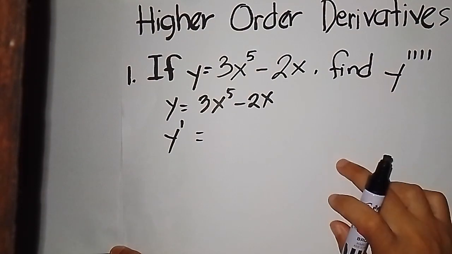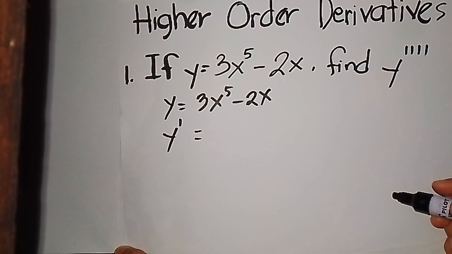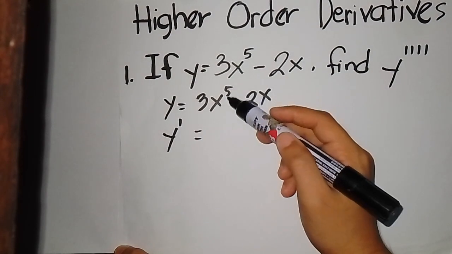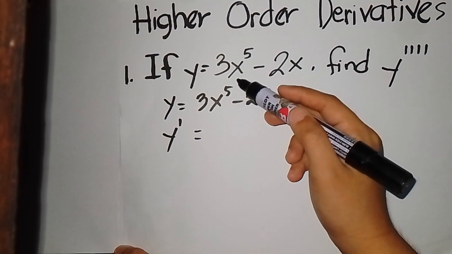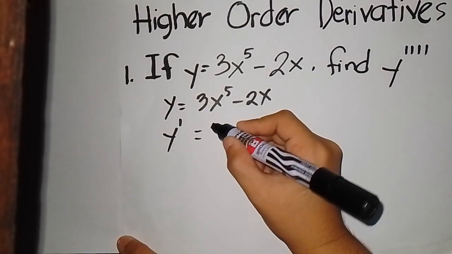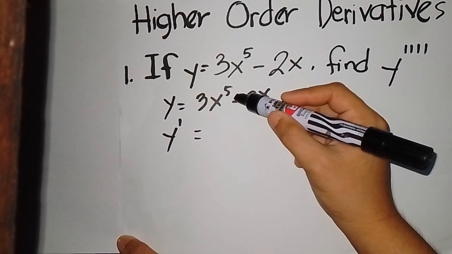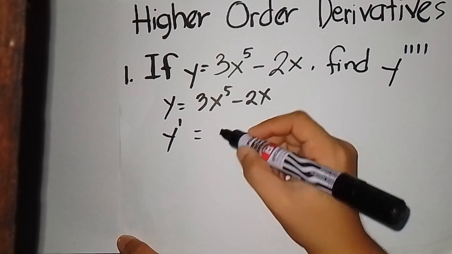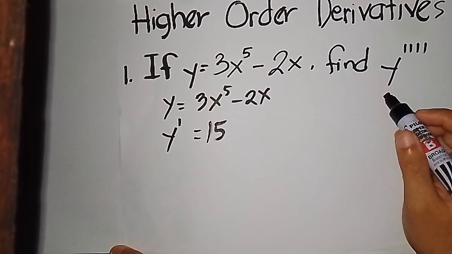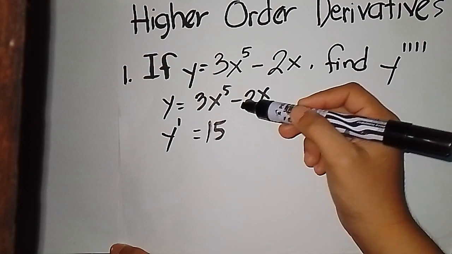In here, we're going to use the constant and exponent rule, where we are going to multiply this exponent to the coefficient. Since this is 5, we're going to multiply 5 by 3. So we have 15, and then we're using the power rule or the exponent rule, where we subtract 1 from our exponent.